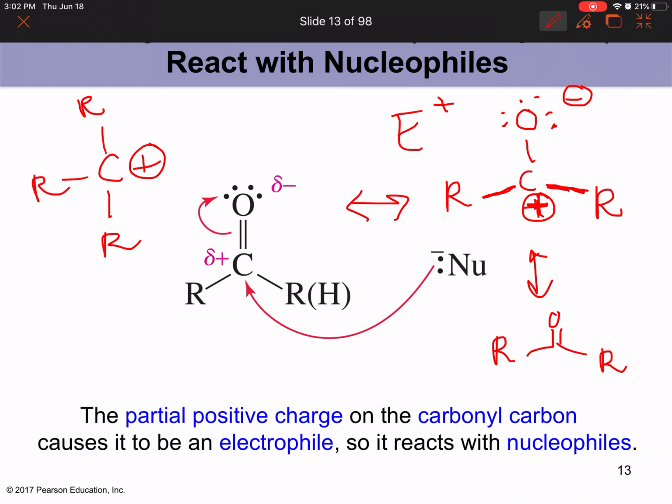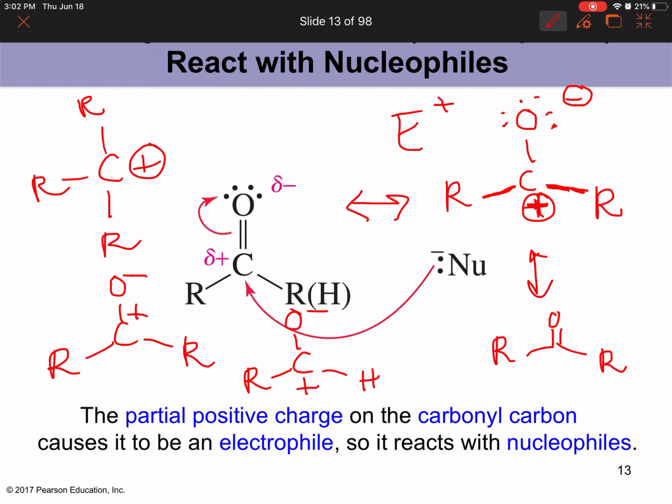So then you tell me, if you compare an aldehyde and a ketone, let's say this is a ketone and this is an aldehyde, which one would be more reactive towards a nucleophile? The carbon that has more positive character or a carbon that has less positive character?